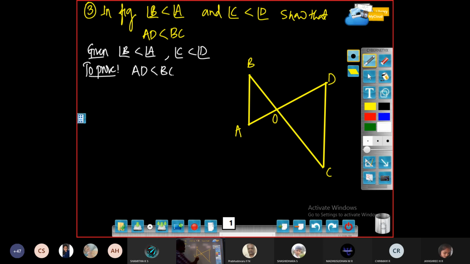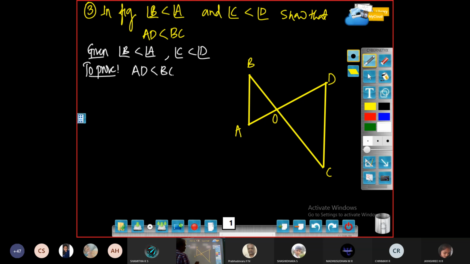See, AD is not a side of any triangle here, and BC is also not a side of any triangle here. Isn't it? Yes, sir. But we have to compare these two sides using the angles given, the angles of the triangles ABO and DCO. You have to use these two triangles.